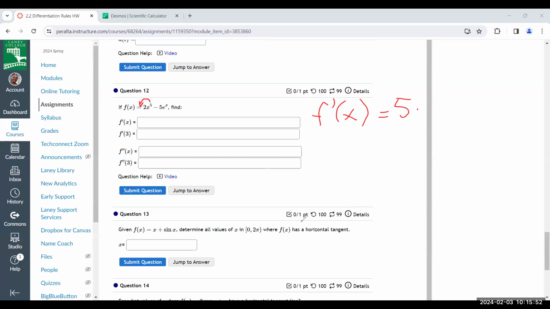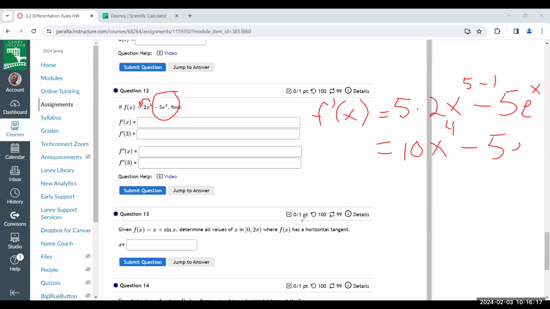5 times 2. And you might be doing this in your head at this point, right? And just going straight to 10x to the 4th power, because you know you're multiplying the 5 times 2. And then you subtract 1 from your exponent. And then for this part right here, this is the easiest part because the derivative of e to the x is just e to the x. So you don't have to change anything.